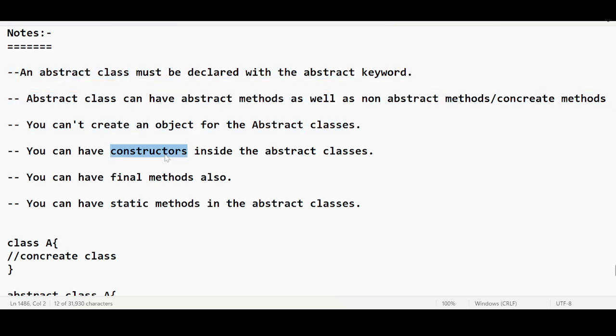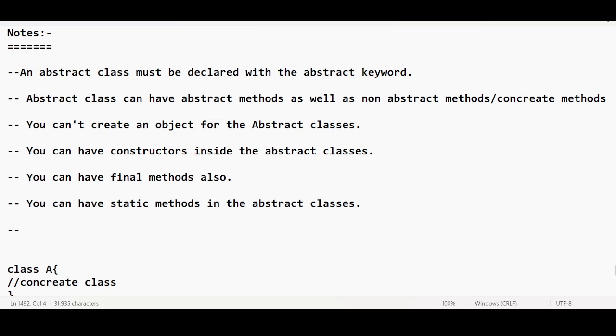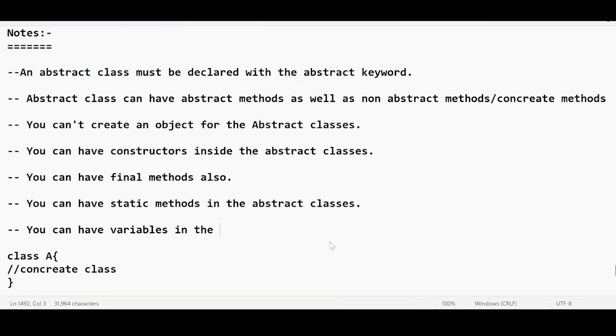You can have constructors, you can have final methods, you can also have static methods, you can also have properties or member variables in the abstract classes.